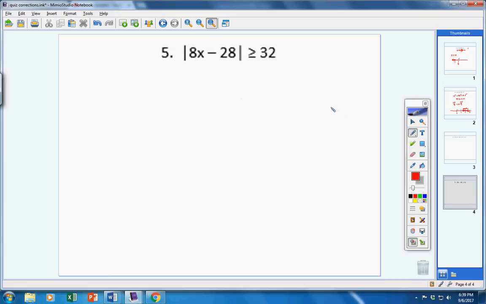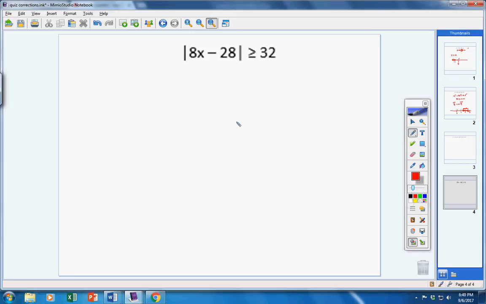Okay, this is called an absolute value inequality. Now notice the absolute value is isolated. That means this absolute value right here is all by itself on one side of the equation. Okay, now step one, Haley, you need to understand this. Step one is to isolate the absolute value. Okay, but that's already done for you.